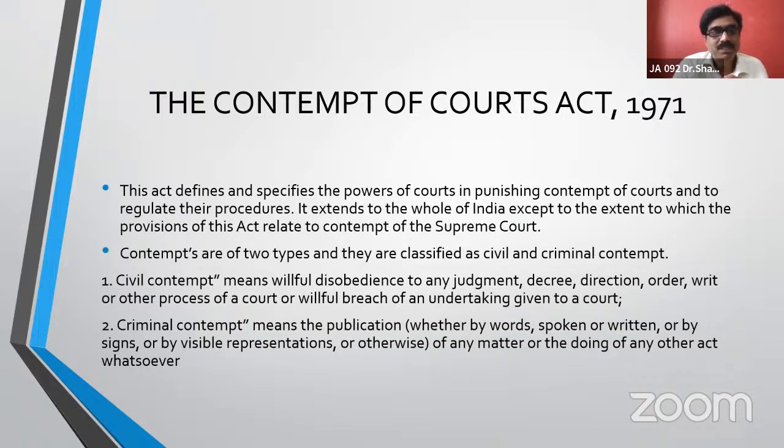So this is the differentiation: civil contempt is willful disobedience of court orders, while criminal contempt is publication in the form of spoken or written words, signs, or any expression, or doing any act.